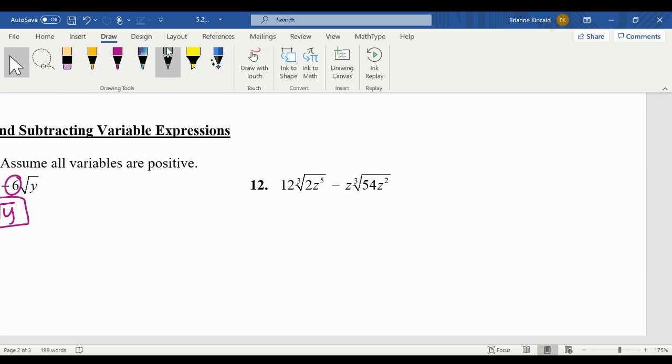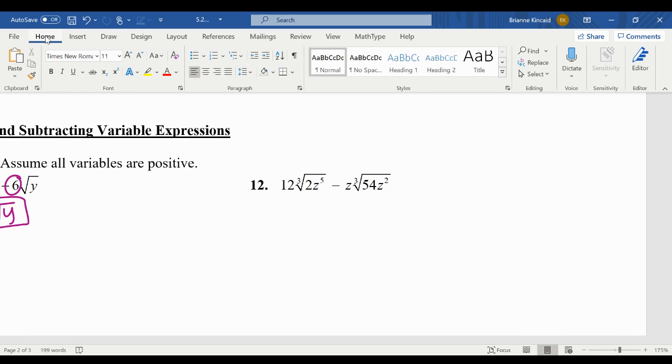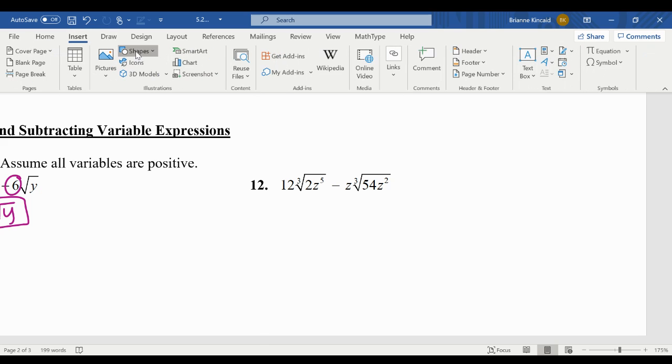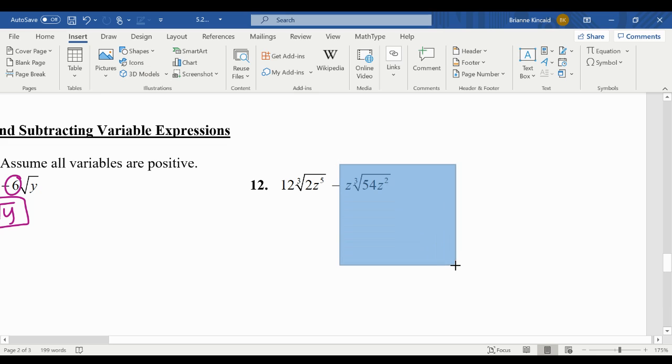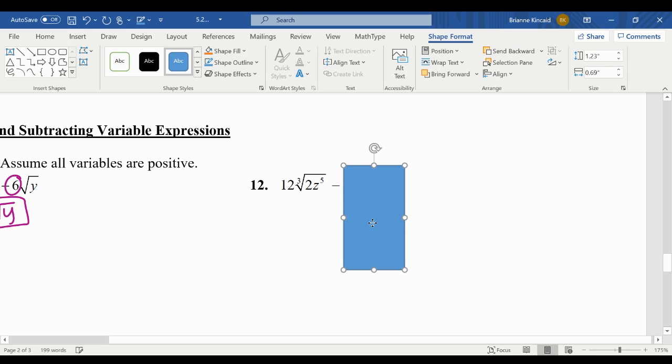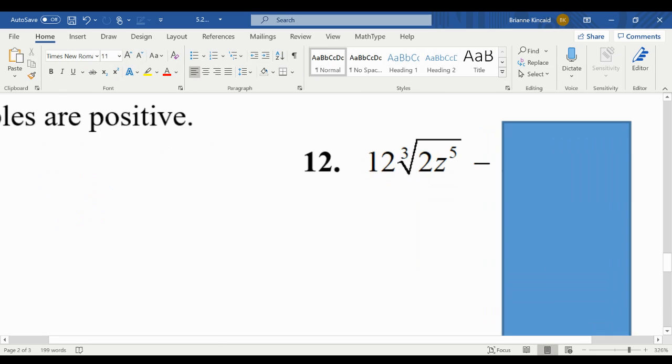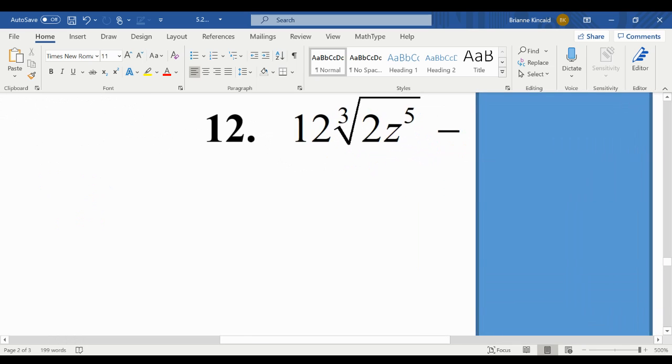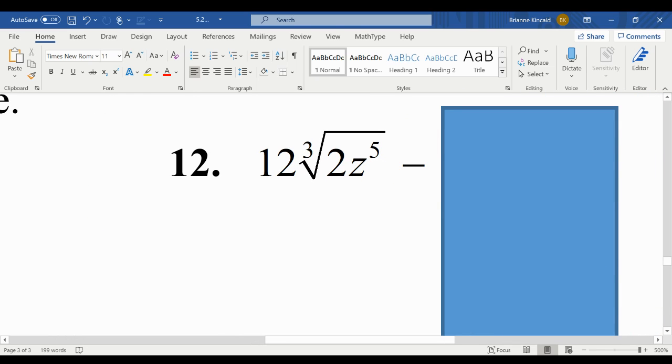12 is one of those ones where they don't match, and we're going to have to simplify as far as we can. So if I focus and I cover up with a box again, looking at this problem, I have 12 times the cube root of 2z to the fifth. I'm focusing on the inside part.